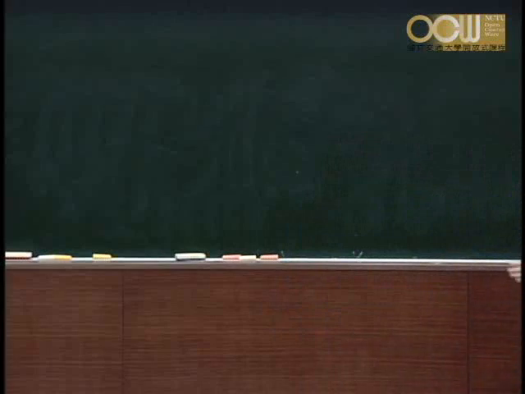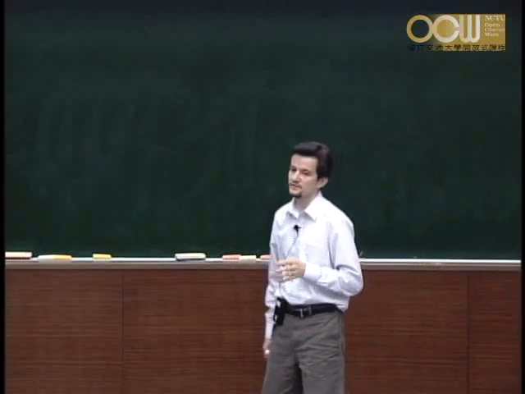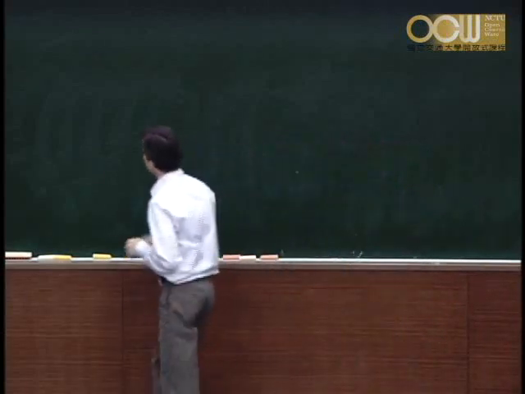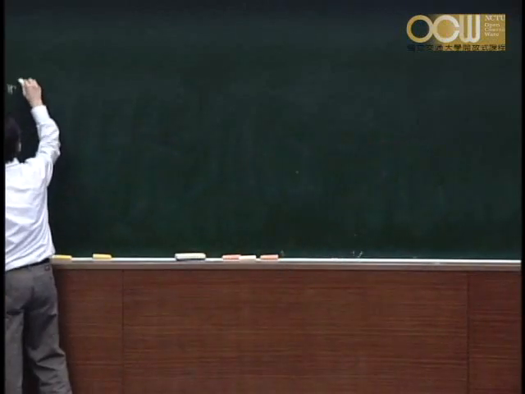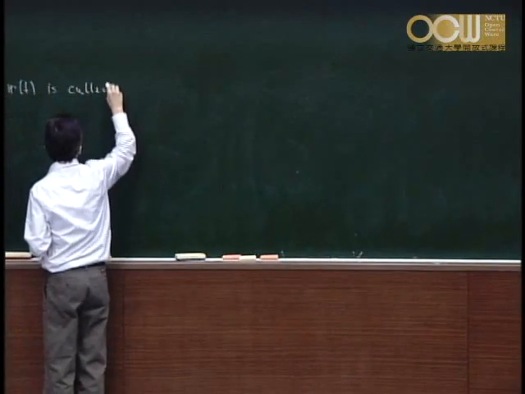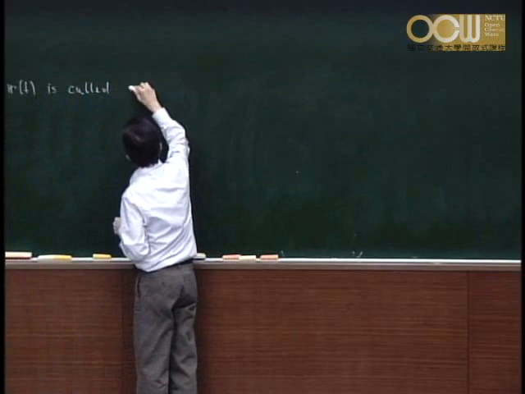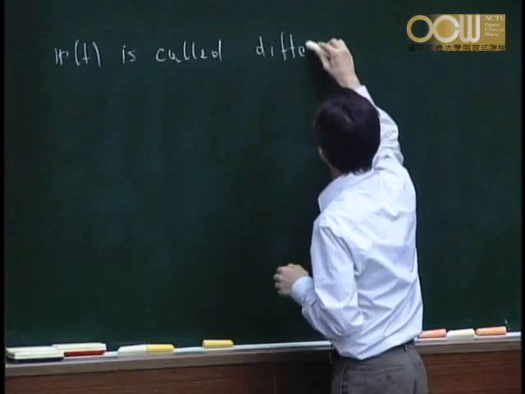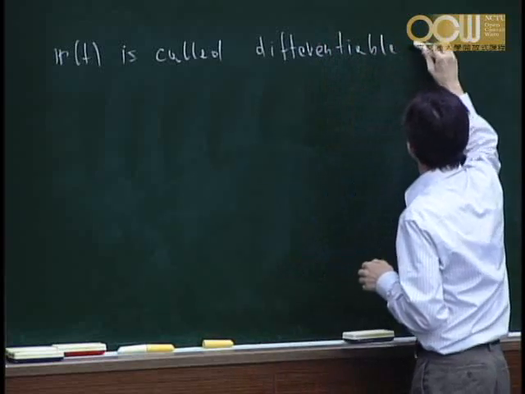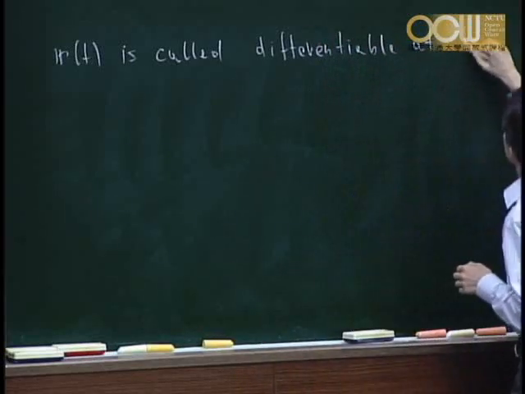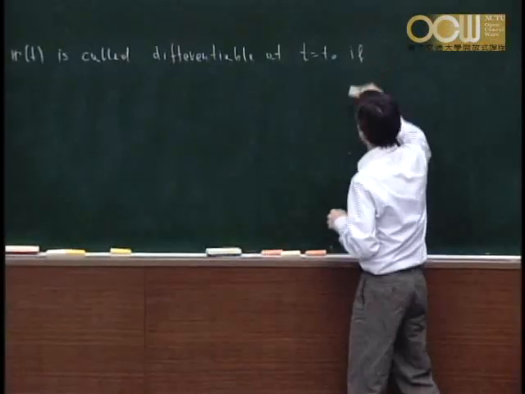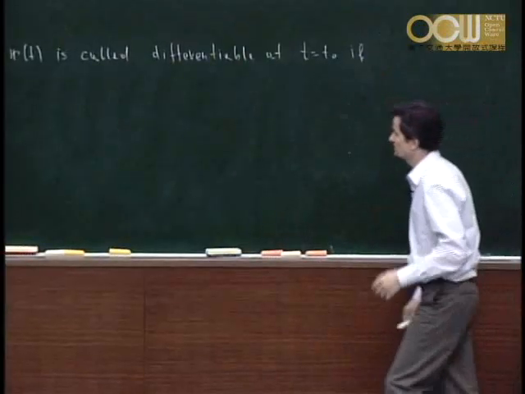Now the next thing we want to introduce is the derivative, differentiability. So a vector function is called differentiable at some point t is equal to t0 if, okay, actually we can use the same definition as last semester.